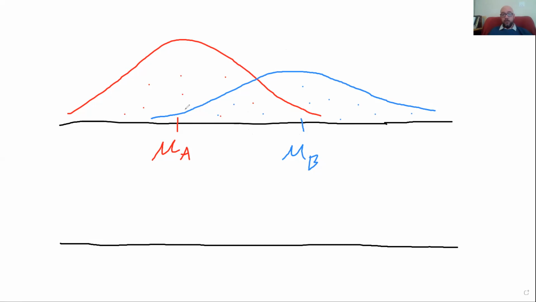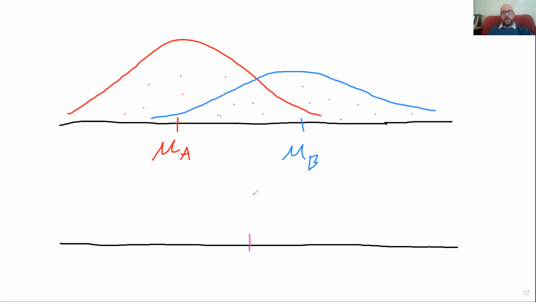Or it could be that this is negative 100 and this is 52, and then the average difference is 152, which would be way to the right. So don't think that this thing that I've drawn down here and this one up here are on the same scale. But when I subtract, the most common entry is going to be mu A minus mu B, so whatever that value is will be the center of my new distribution.